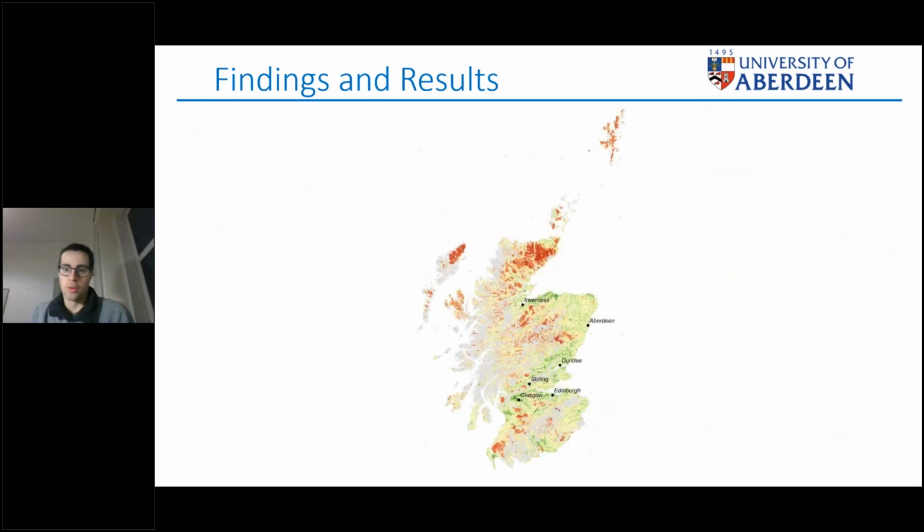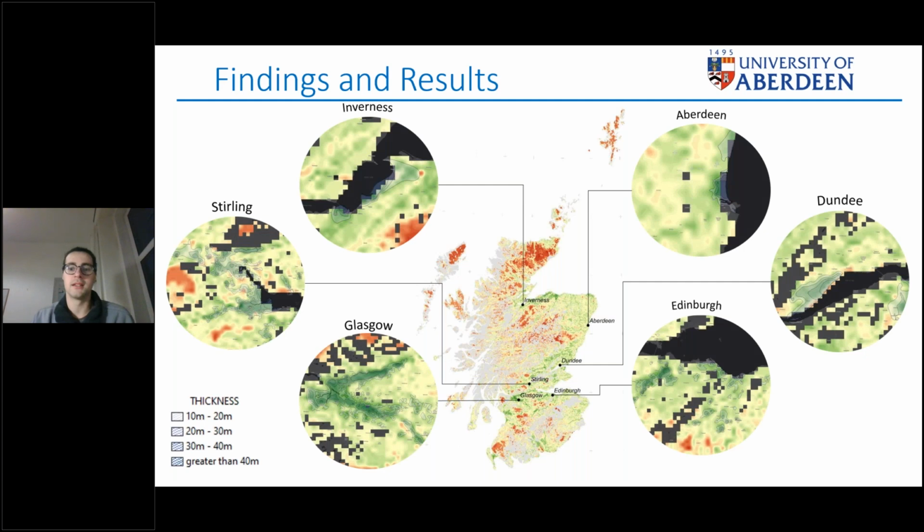So one of the reasons for the highly favourable sediments underlying cities is the buried valley distribution. If we look here, we can see that cities have preferentially been built on these features. You can see the thickness of buried valley systems around Glasgow, Stirling and Inverness.